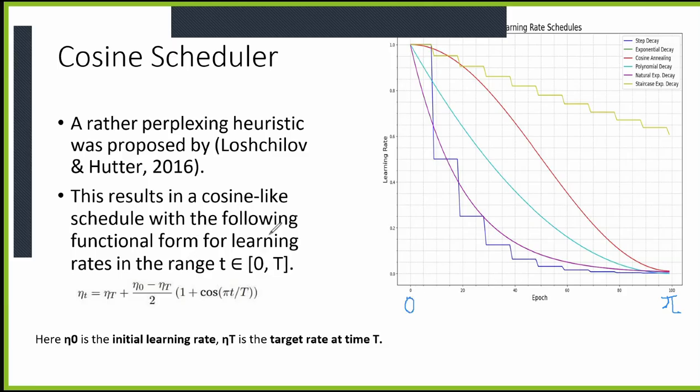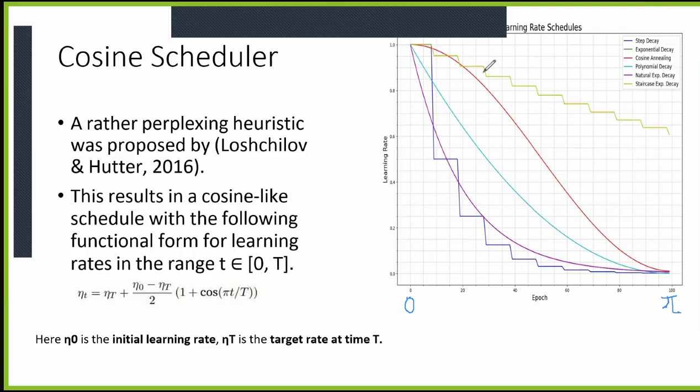So why would we want this kind of curve and this kind of heuristic? The idea is that, as at the beginning of the lecture, the insight for having a high learning rate in the beginning was to enable the model to explore more.